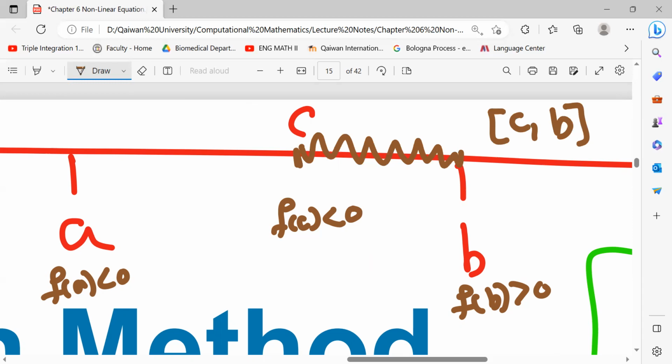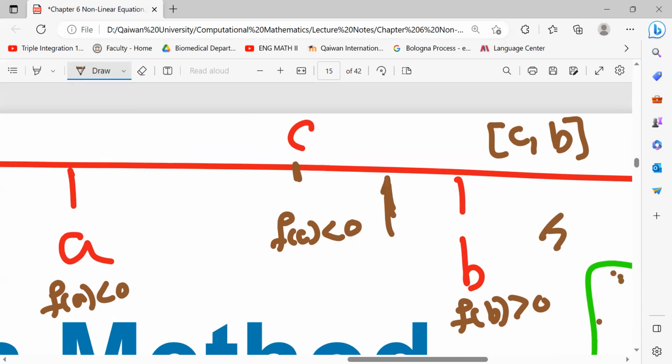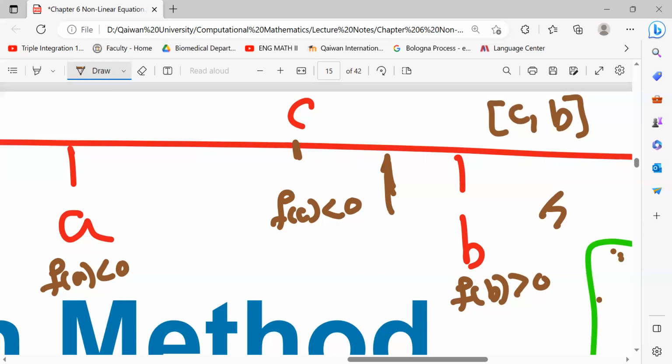Then again, for this interval, we find the midpoint, and we test this point. If it's positive, we take it with the negative one. If it's negative, we take it with a positive.